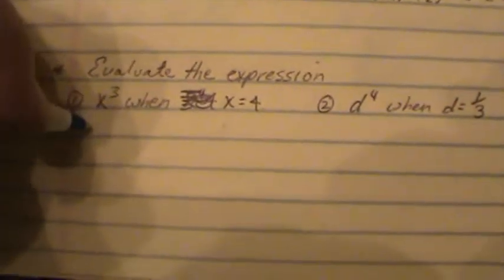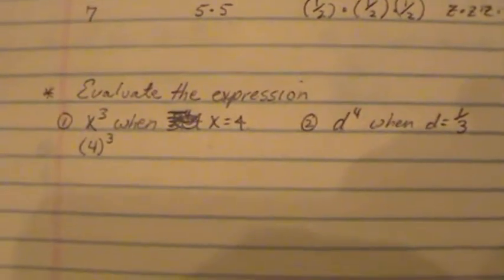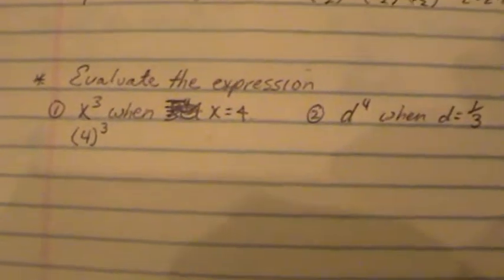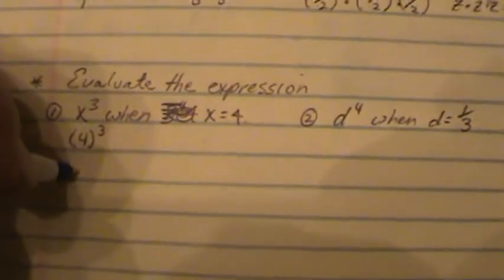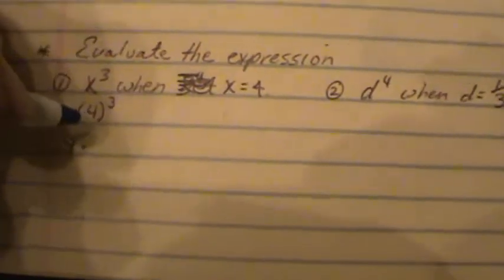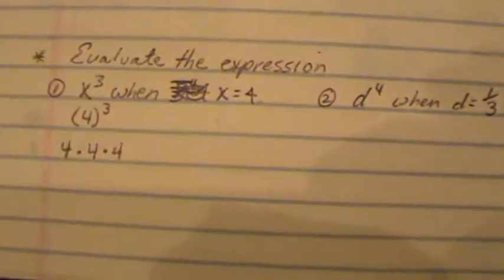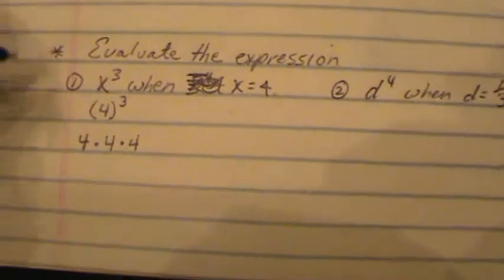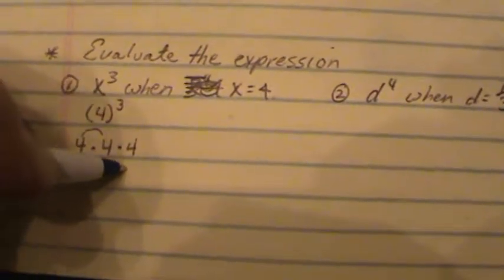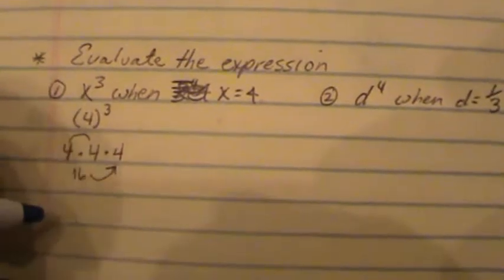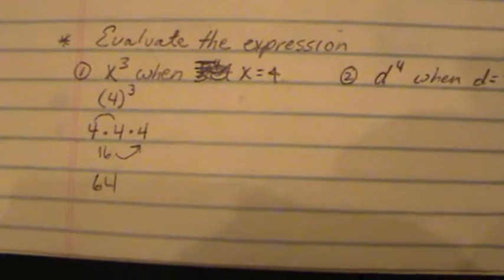I'm going to take the 4, put it in parentheses, and it's going to be cubed. So now I'm going to write it as a product, 4 times 4 times 4. 4 times 4 is 16, and 16 times 4 is 64. So that would be your first answer.